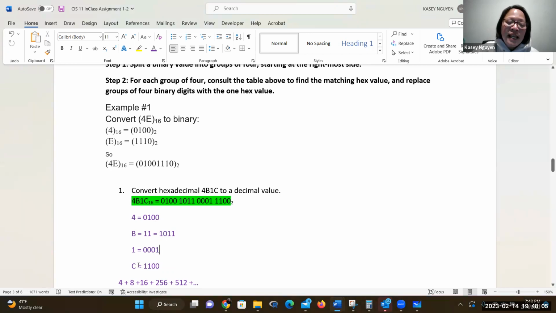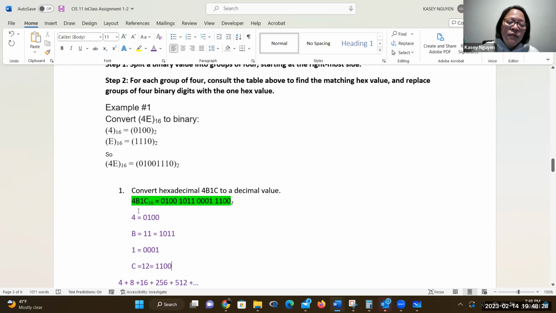Then I know C is going to be 12, right? In decimal, which is equivalent to 1100 in binary. So as we subtract, we would have 8 and 4. So those bits are on and the rest are off.